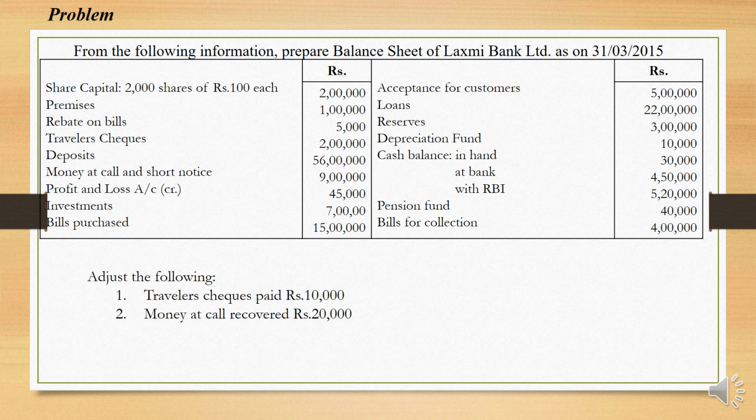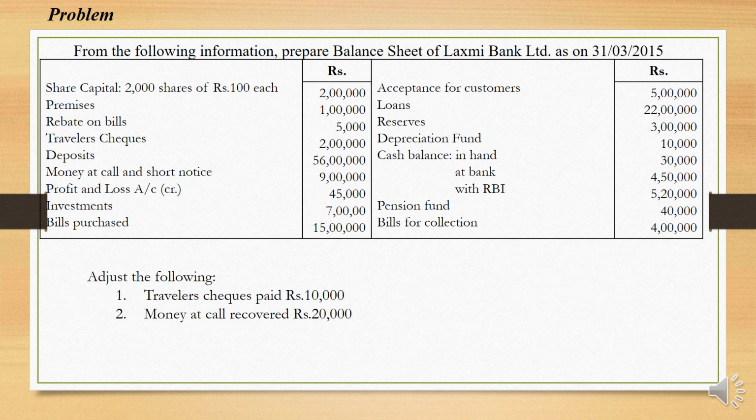Money at call and short notice, schedule number 7, balance with other banks and money at call and short notice. Then profit and loss account, that is the current year's profit, so that should be added to the reserves and surplus, schedule number 2. Then investments, so schedule number 8. Then bills purchased is under advances, that is schedule number 9.